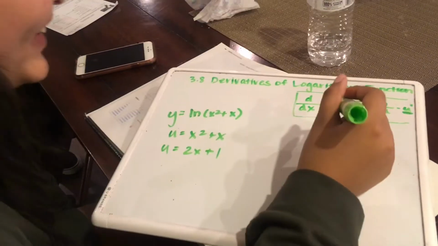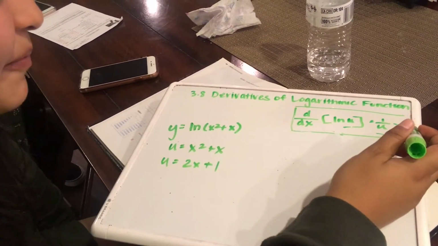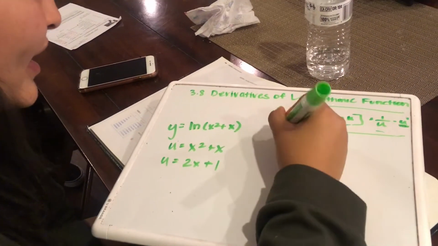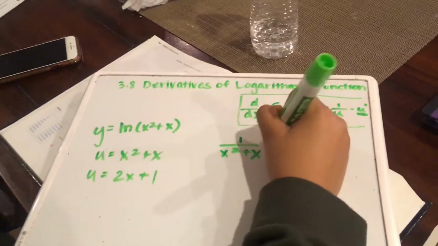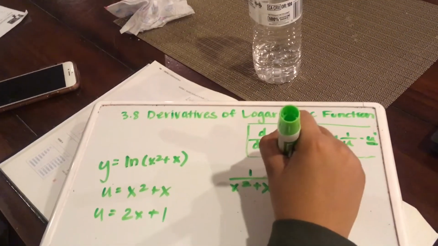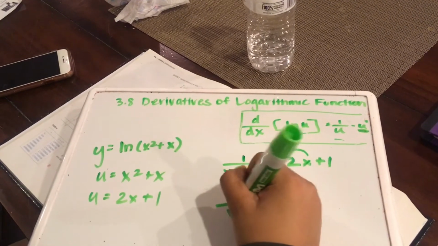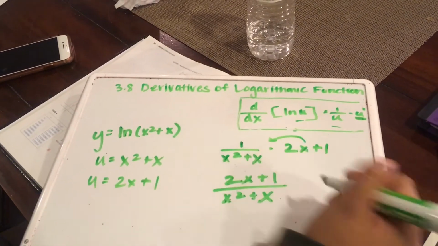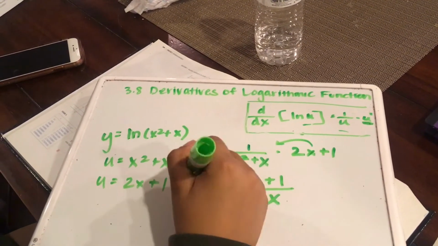So it would be 1 over x squared plus x times 2x plus 1. You could move this right here, which would be 2x plus 1 over x squared plus x. And you can't really factor anything out from here, so this would be your answer.